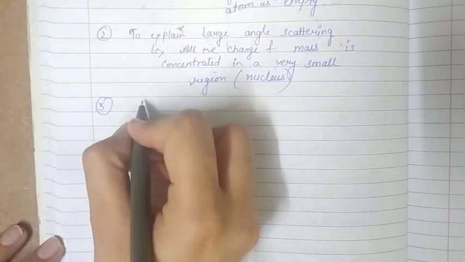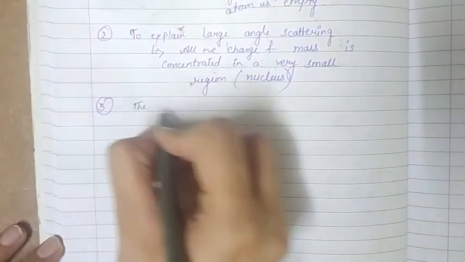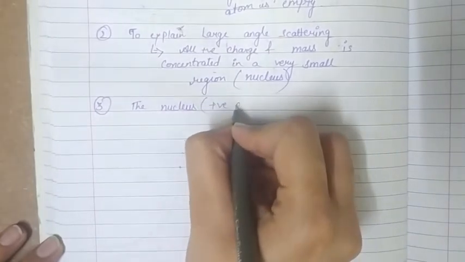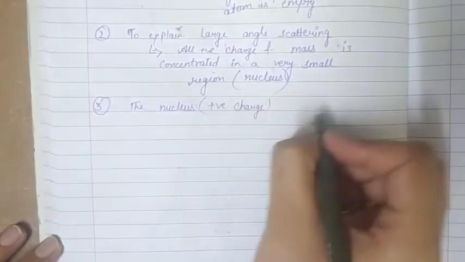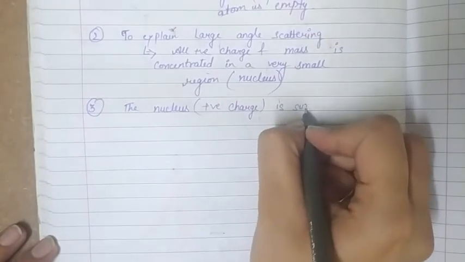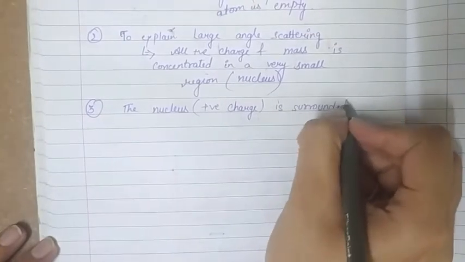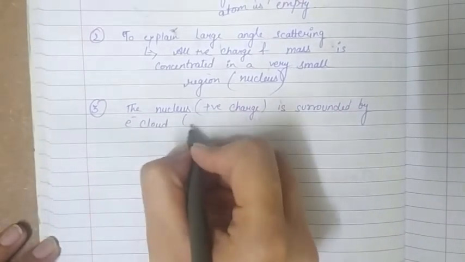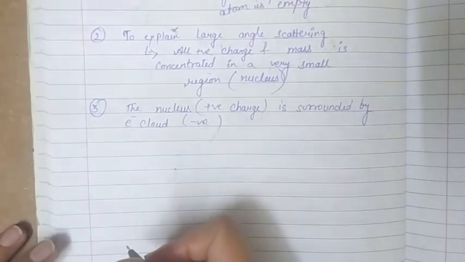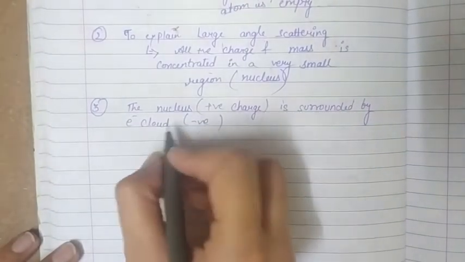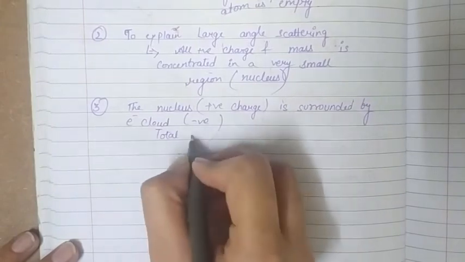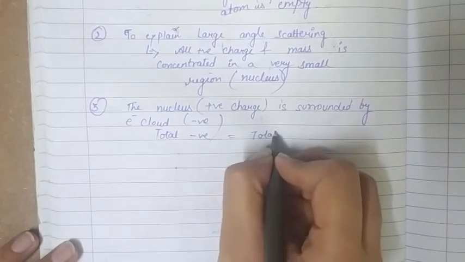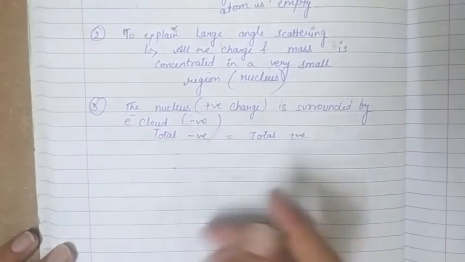So the third significance is, the nucleus, that is positively charged, is surrounded by an electron cloud which is negatively charged, such that the total negative charge is equal to the total positive charge of the nucleus.